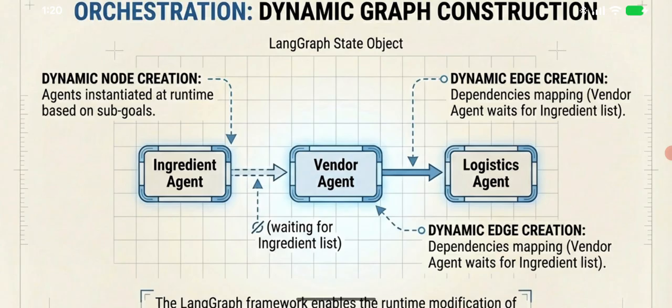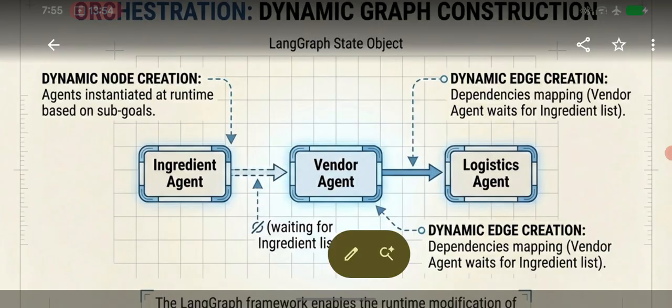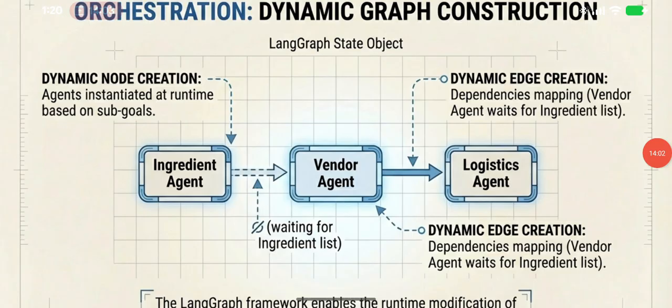First is the ingredient agent, which will find the ingredients, and then the next agent will find the vendor. Whatever ingredient is required, once the vendor is found, the next step is what logistics option is available for the delivery. So this is a kind of linear solution.